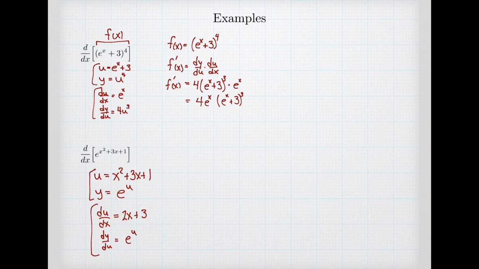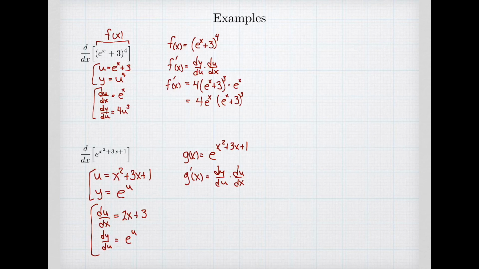And so if my function that I'm taking a derivative of is e to the x squared plus 3x plus 1, its derivative is dy du times du dx.